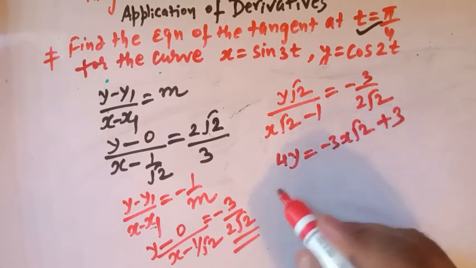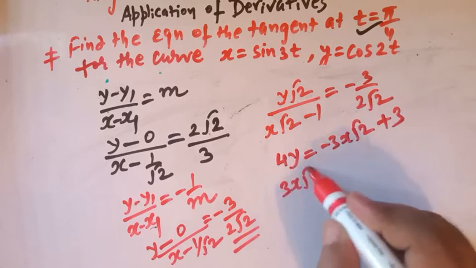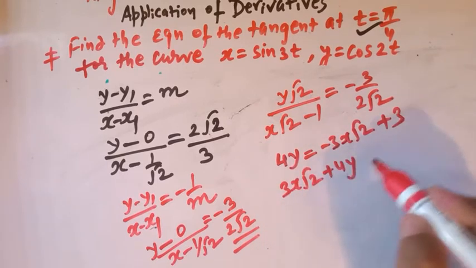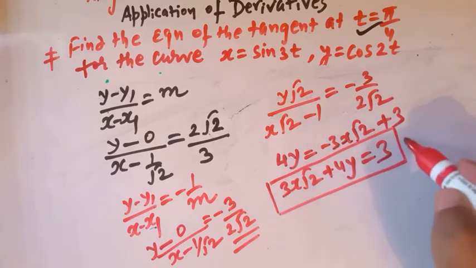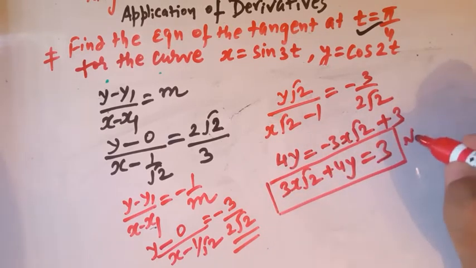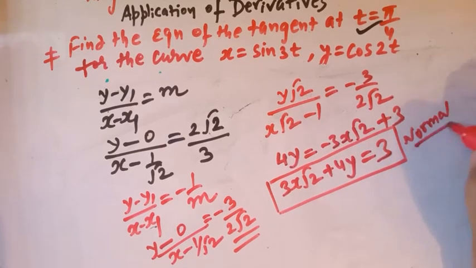So we have 3x root 2 plus 4y is equal to 3. So this is the required equation of normal. Clear? So let us take another problem.